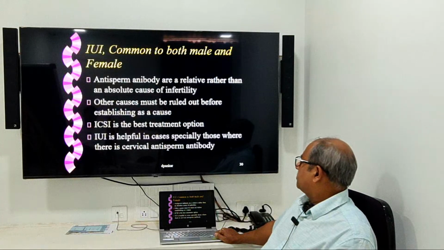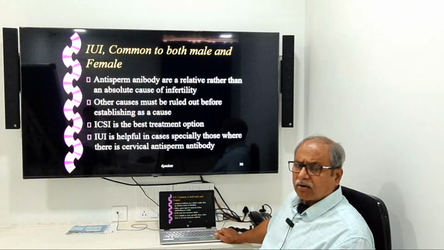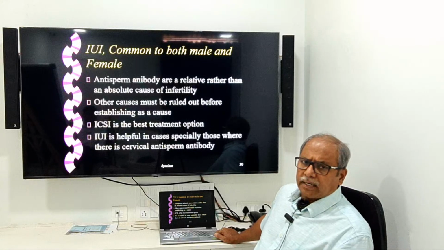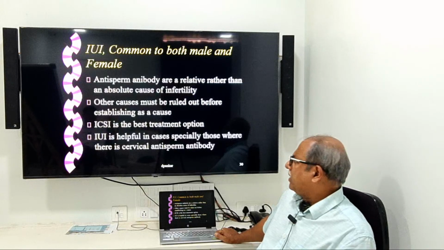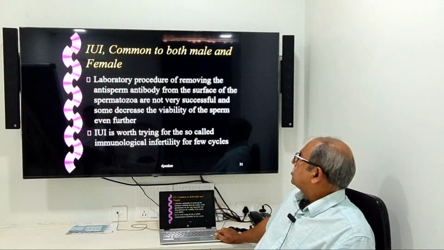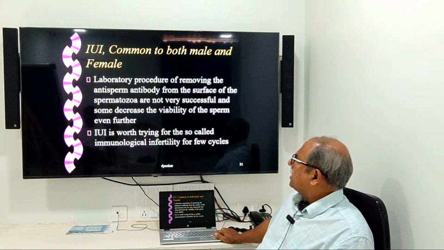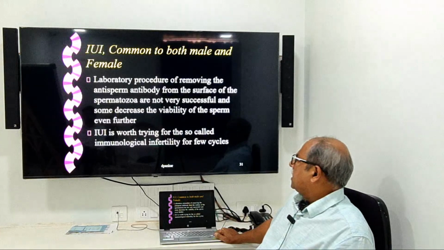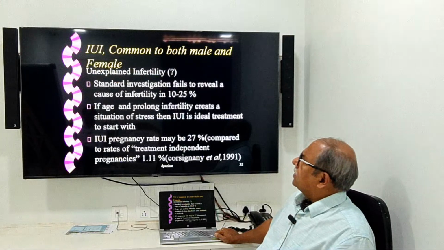IUI is helpful in cases with cervical anti-sperm antibody. We are not assessing anti-sperm antibody either in maternal blood, paternal blood or cervical mucus. There are chances that anti-sperm antibody can be removed by washing the sperm, so IUI is worth trying in so-called immunological infertility.